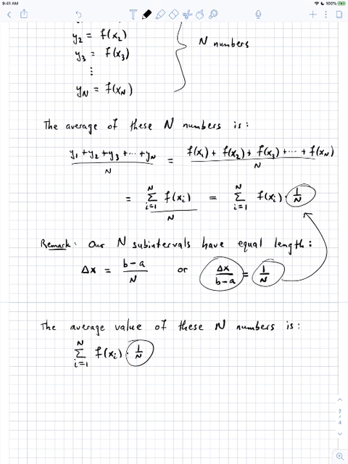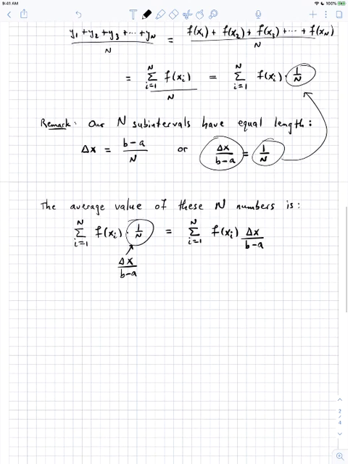But I'm going to replace this with delta x over b minus a. So I'm going to have the sum i equals 1 to n of f at x_i times delta x over b minus a. That b minus a doesn't depend on i, that's a constant. So I can just factor it out. Now, it's in the denominator, so that means it's going to end up being 1 over b minus a in front, times the sum i equals 1 to n of f at x_i times delta x.